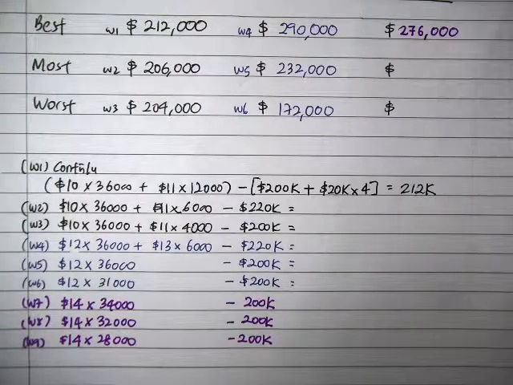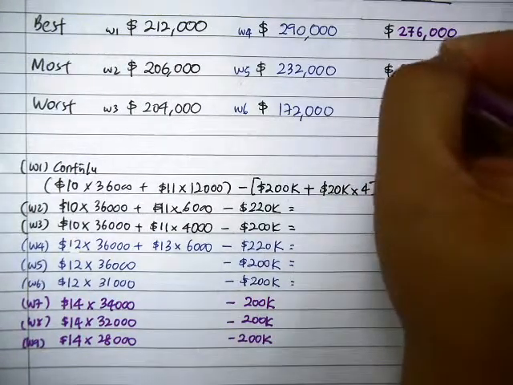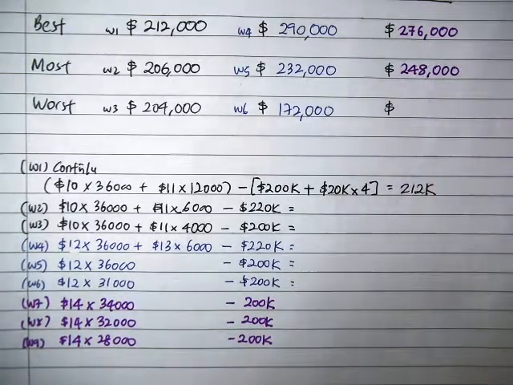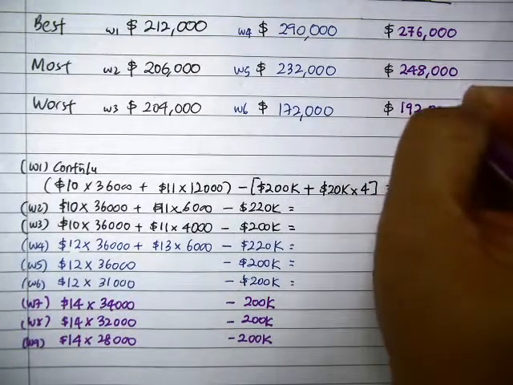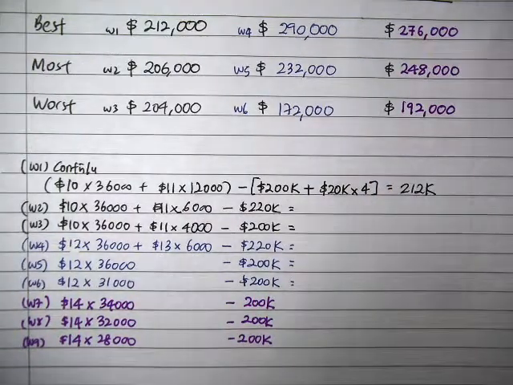So 276. 248. 292. Okay. Now, based on the 9 results that we have, they asked us in B.